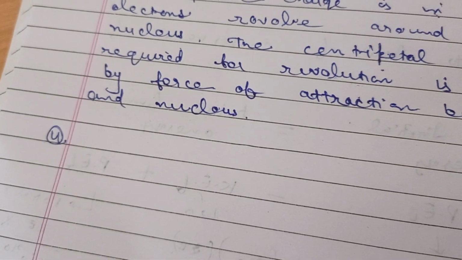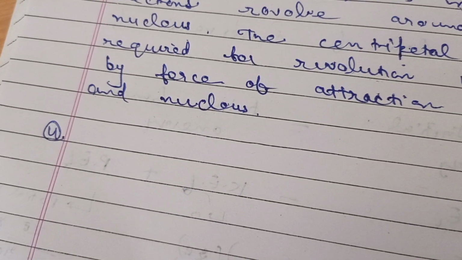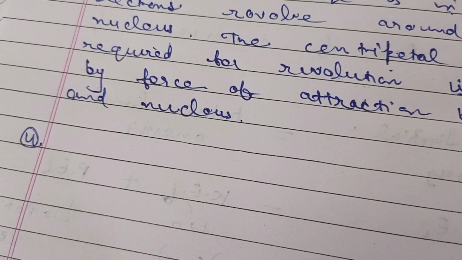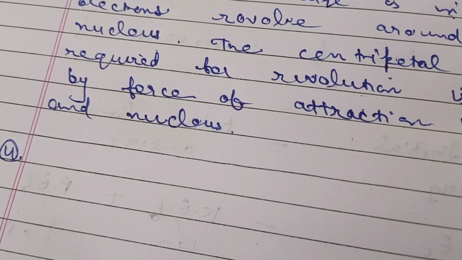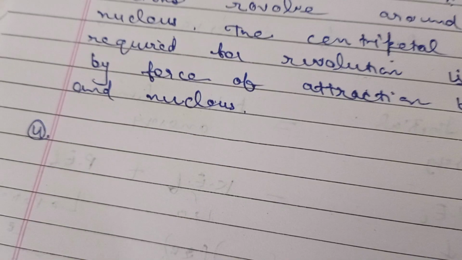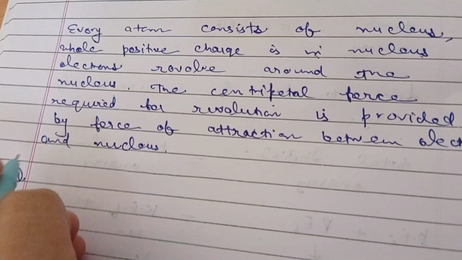According to this model, the electron will revolve only in those circular orbits whose angular momentum is an integral multiple of h/2π. So I am writing the second postulate.